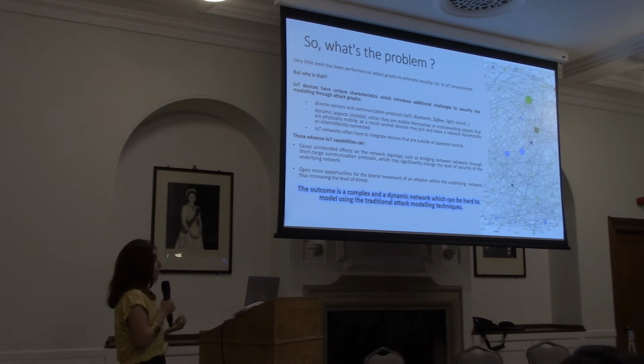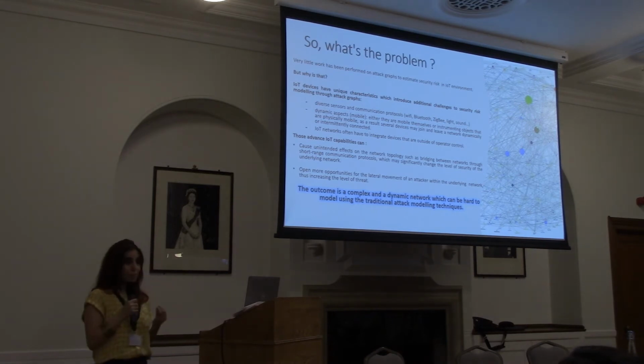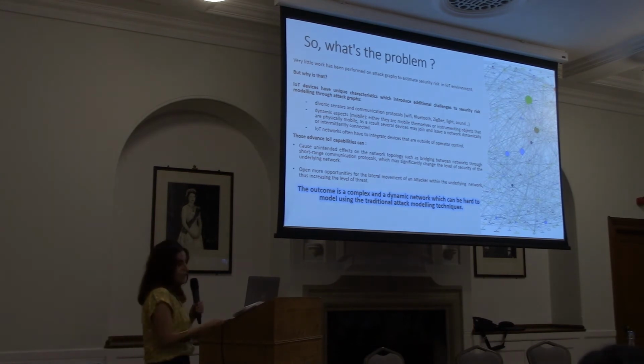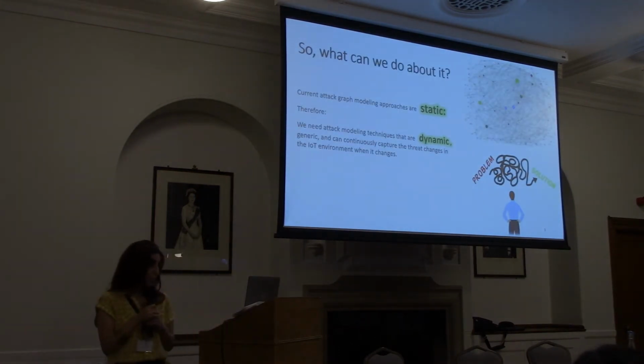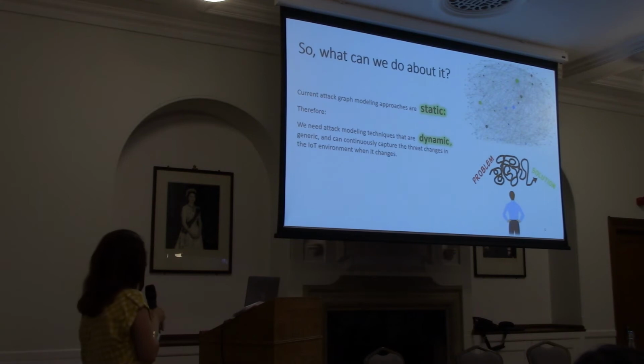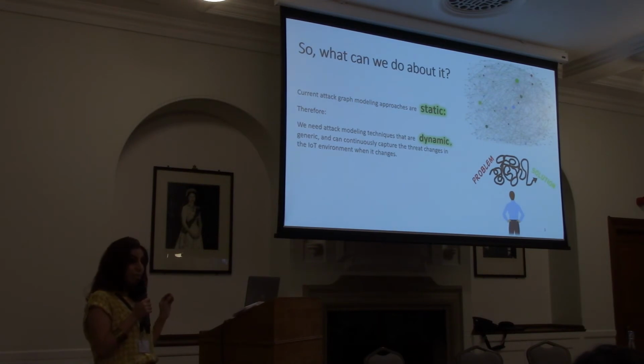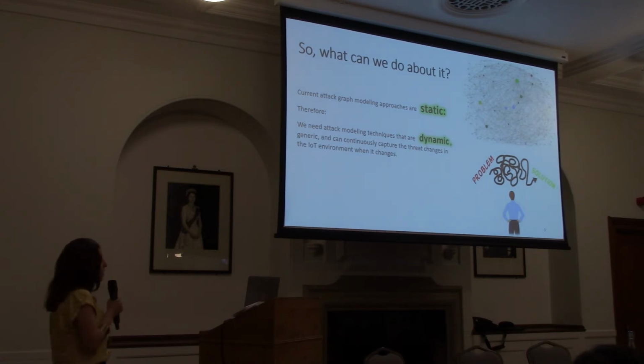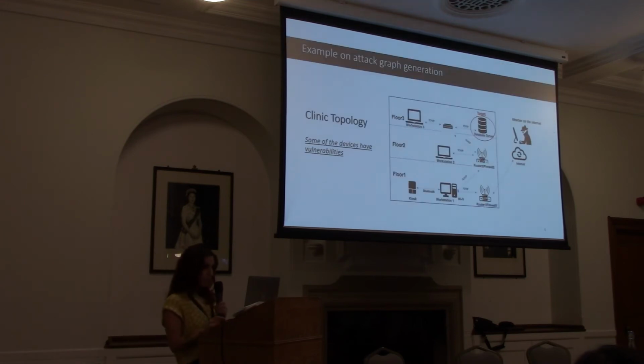We end up having a very complex and dynamic network that looks like spaghetti, and it's hard to model its threats using traditional attack graphs. So what we can do is transform the static attack graphs, which are used to represent threats in static environments that do not change, and make them dynamic, meaning that they can continuously capture the changes in threats when the environment is changed.